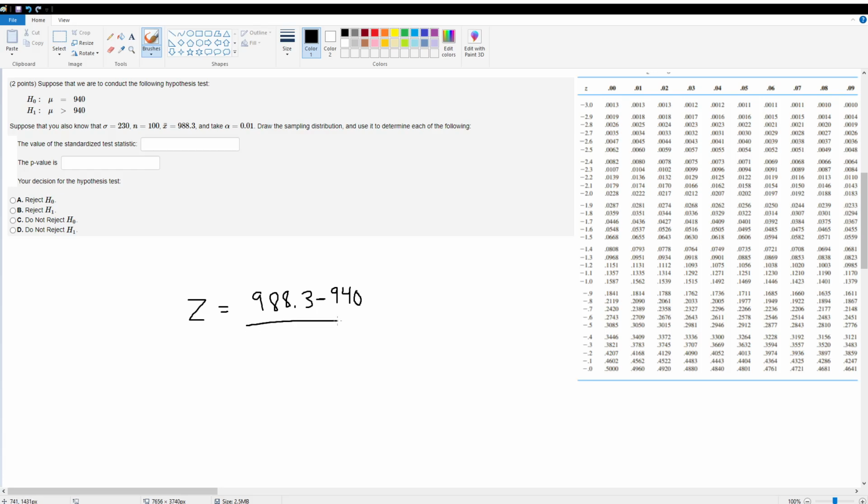We're going to divide this by the standard error, which we compute by taking our standard deviation of 230, and dividing it by the square root of the sample size 100. If you're having difficulty seeing this, this one is a 0. And this is going to come out to be a pretty nice and clean 2.1. So that is the value of the standardized test statistic.